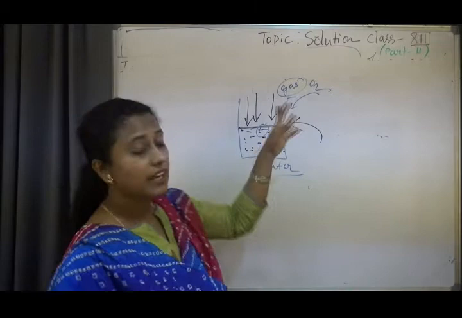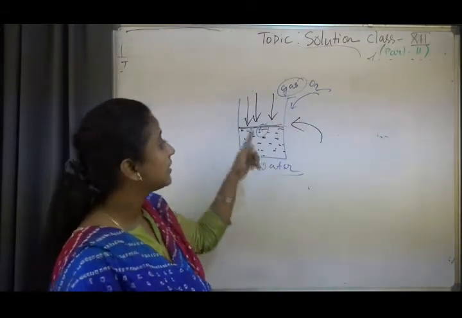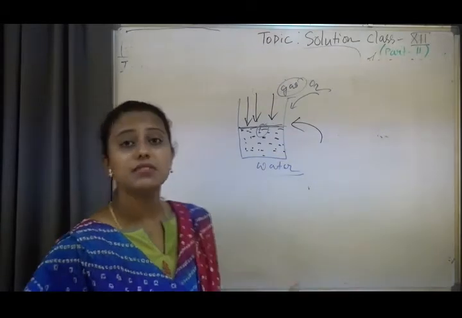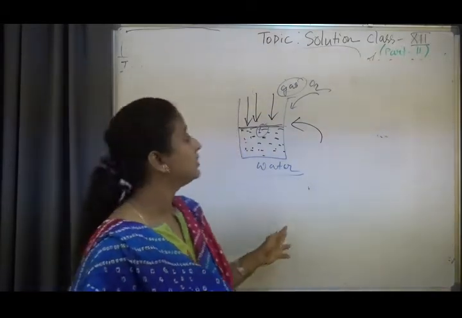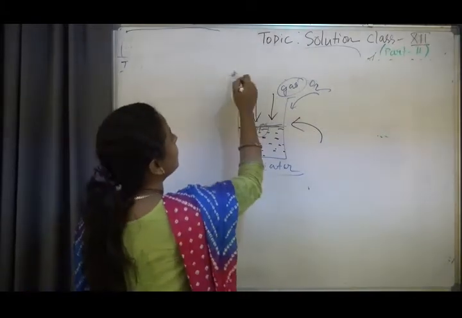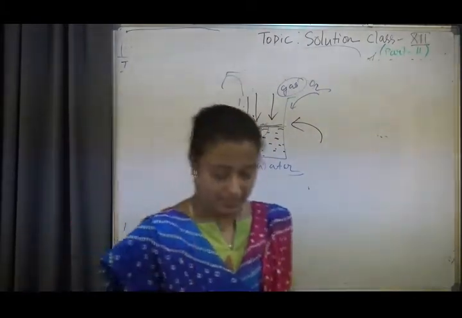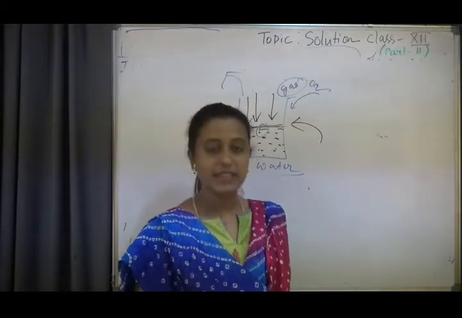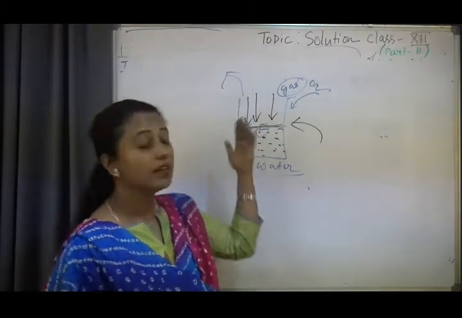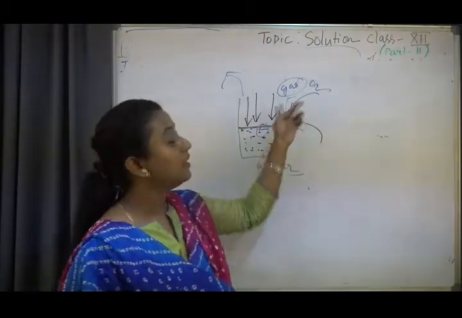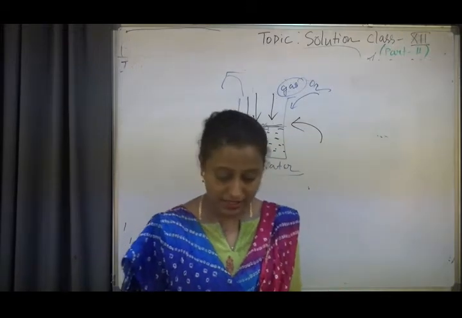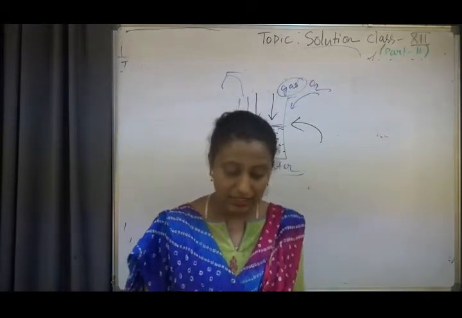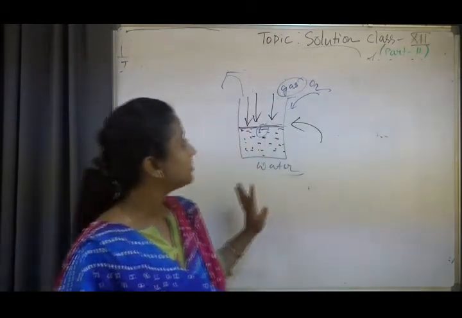The rate of dissolution of the gas is very high compared to the rate at which the gas is leaving the solution. As a result, the concentration of the dissolved gas in the liquid increases. So the first time, the rate is at its maximum, and the concentration of oxygen dissolved in water increases. Up to this it is clear.